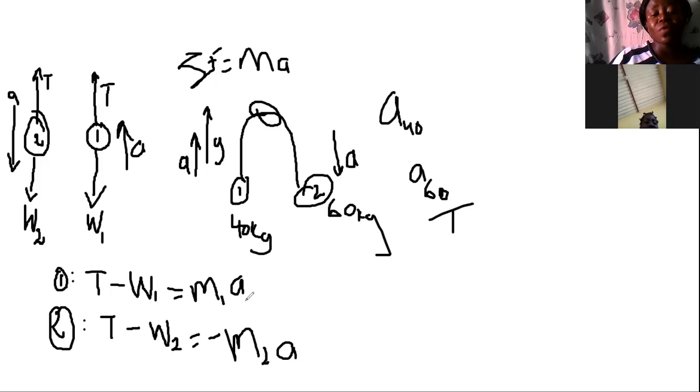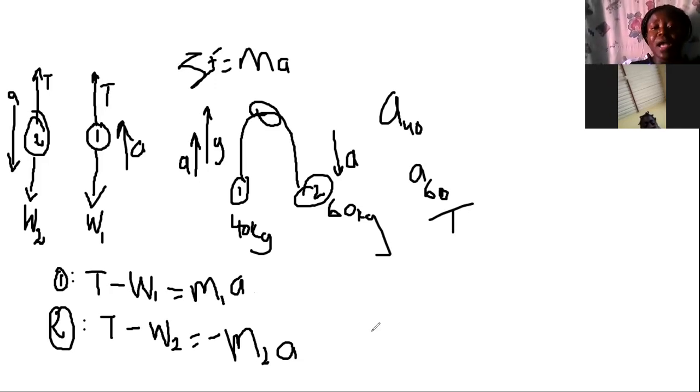So now we have two unknowns in these two equations: the acceleration and the tension. It means we need to eliminate one of them. Let's say we want to eliminate the tension first, and then we can solve for the acceleration.